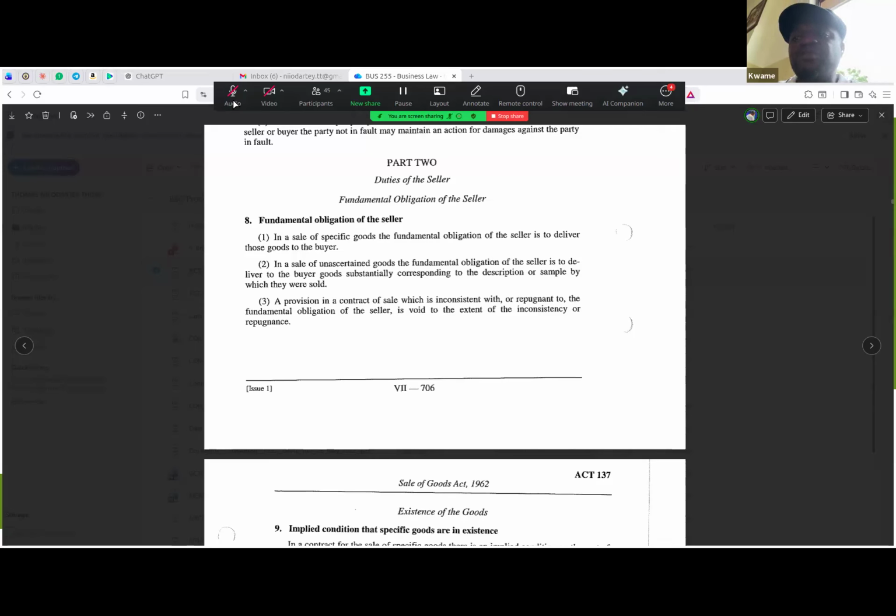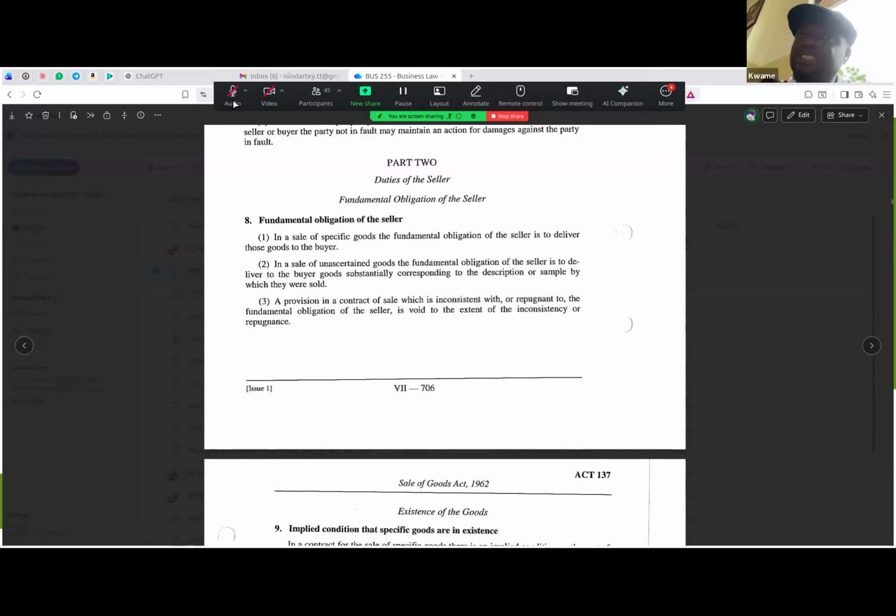So they are saying that if somebody buys the goods, you the seller have the obligation to deliver the goods to the buyer. And in the law, delivery of goods to the buyer is done at the shop, unless you have a specific arrangement.